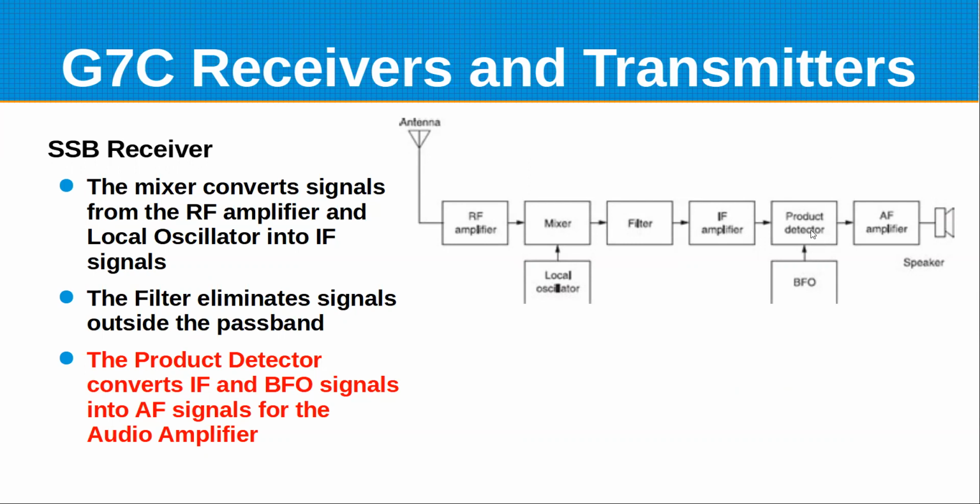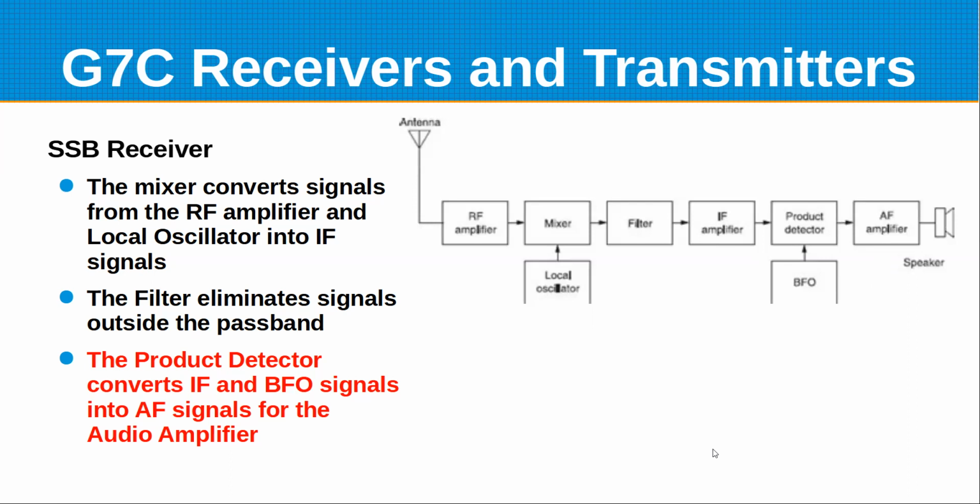It doesn't work for single sideband, so you have to use what they call a product detector, which is the product of two signals: the IF signal, which is your upper or lower sideband signal shifted up at your IF frequency, with the beat frequency oscillator to offset it from your IF frequency back to audio. The key thing is that it requires a product detector for single sideband.